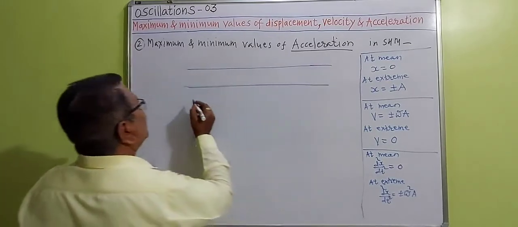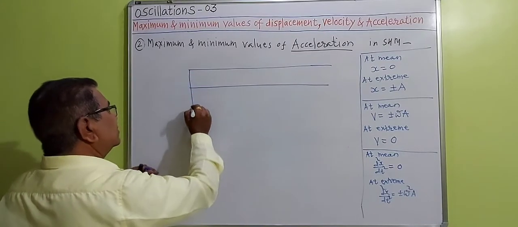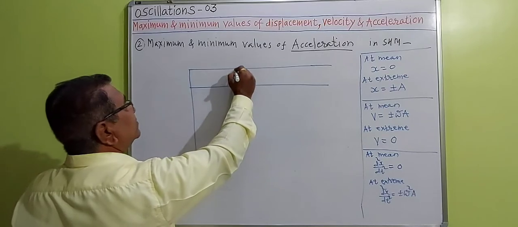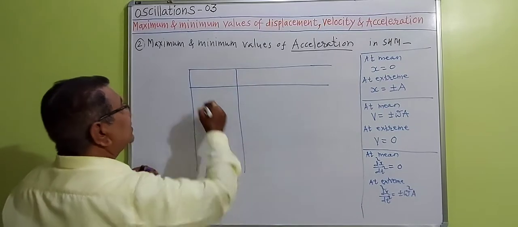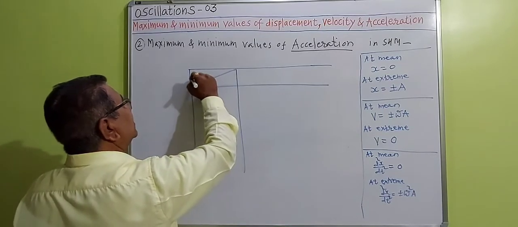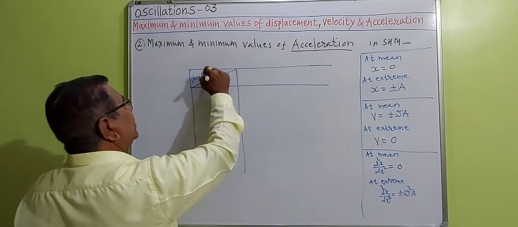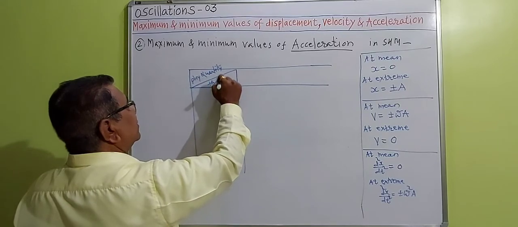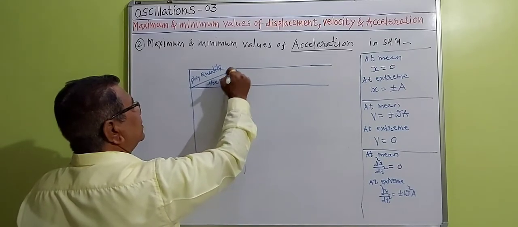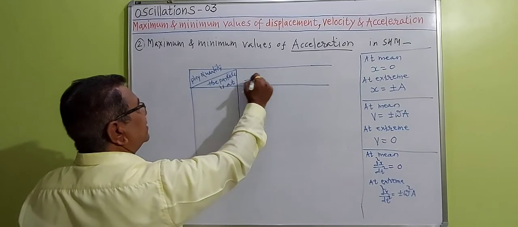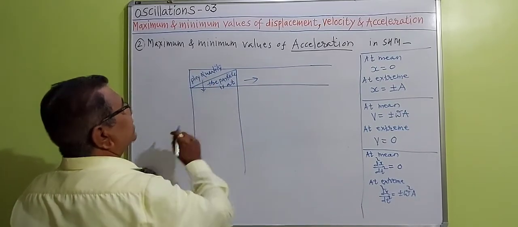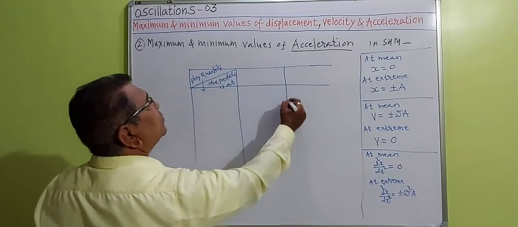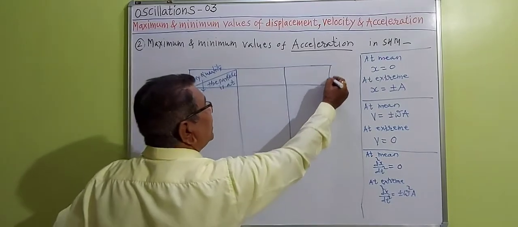This is the physical quantity, and here the particle is at mean position or extreme position.